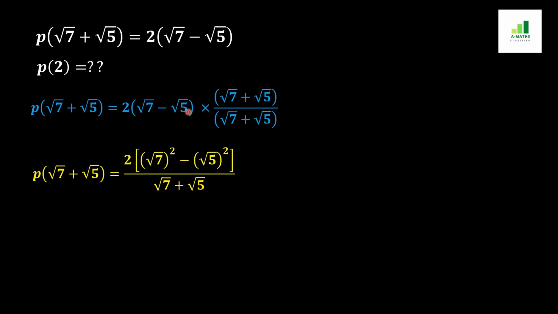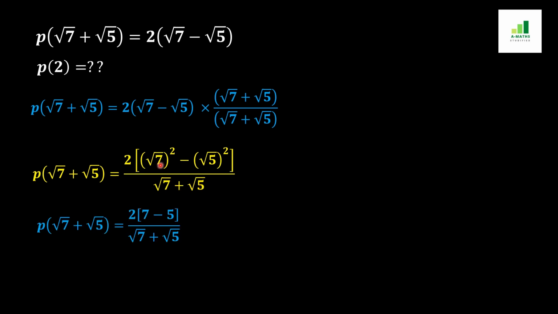When we multiply both of these values, as a result we will get under root 7 square minus under root 5 square in the numerator, and in the denominator we will get under root 7 plus under root 5.